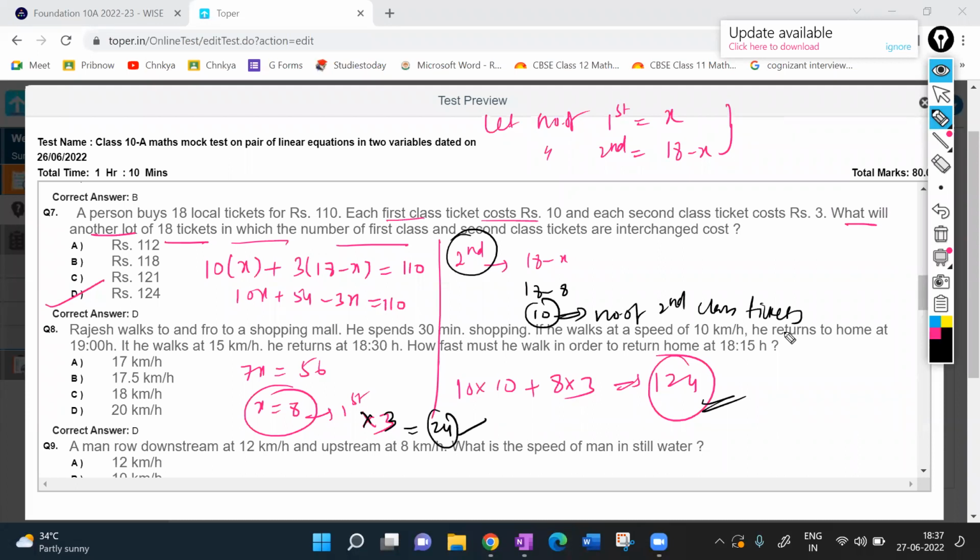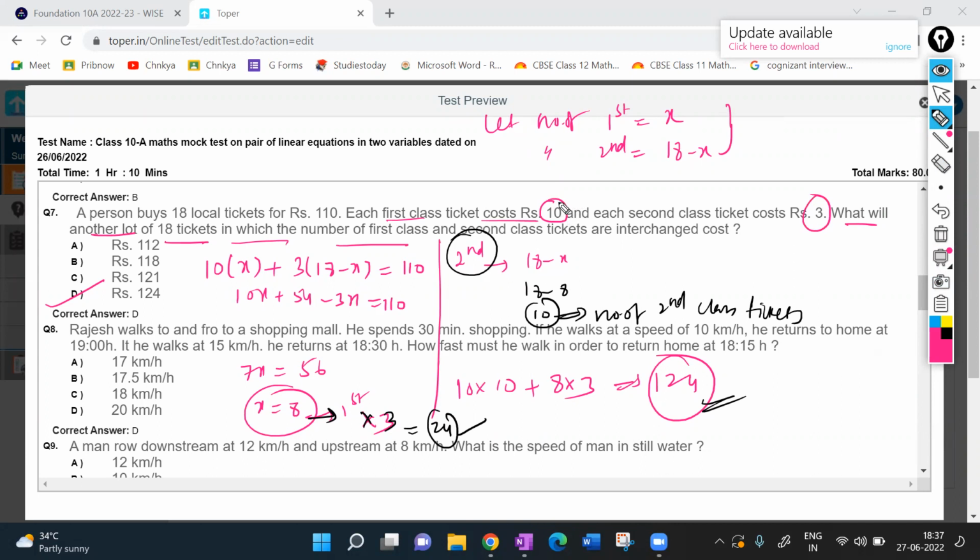All right. Understood now? 10 second class tickets I got, 8 first class tickets, but the first class ticket cost is 10 rupees and the second class ticket is 3 rupees.